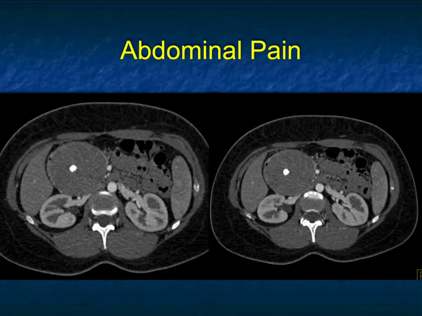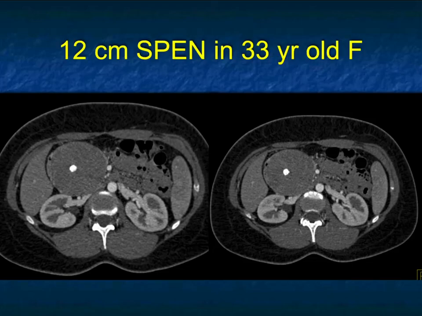Another lesion, cystic and solid, central dense calcification. That description always makes you think of a serous cystadenoma, but look how good this was. Look how sharply marginated. And this was a 33-year-old female, so it would not be bad for a serous cystadenoma. Not great for MCN patients.